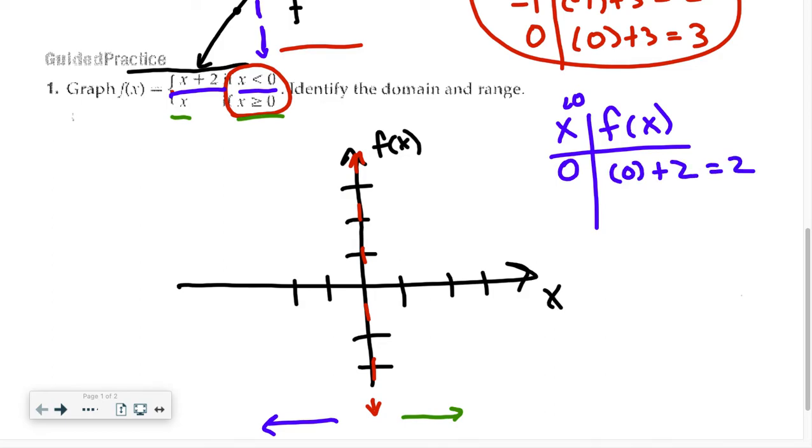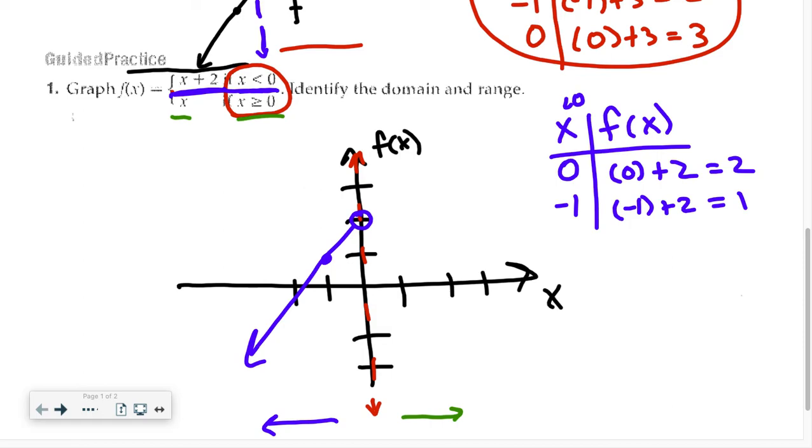So 0, 2 is going to be an open circle point for this function because it's, again, strictly less than. And we've got to pick other numbers that are less than 0, so let's plug in negative 1. Negative 1 plus 2 is 1. So negative 1, 1 is a point. So that's the left part of our graph.